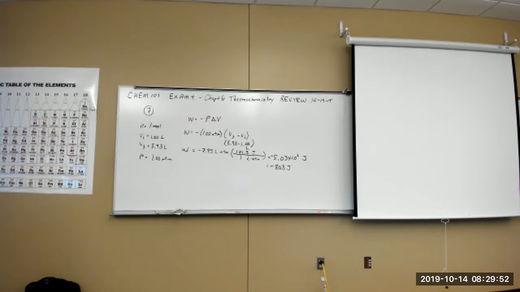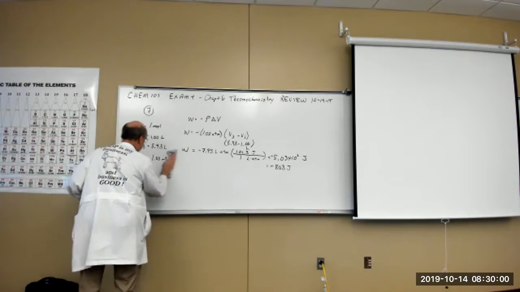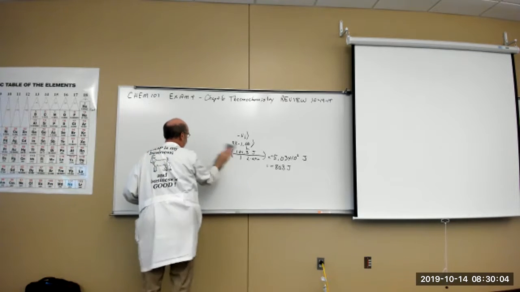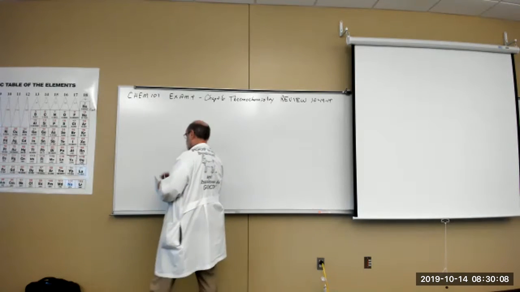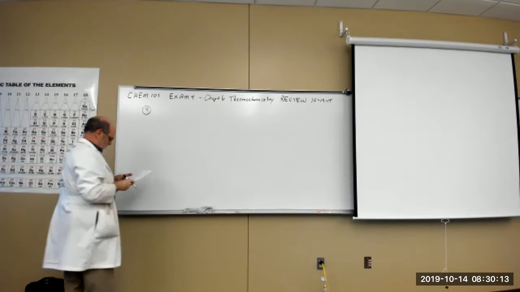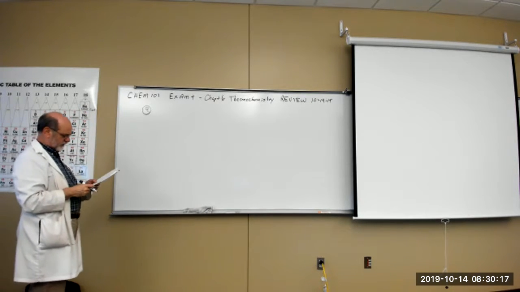Yeah, that's the one I was looking at too. It looks like it's worth tackling. All right, so we've got a fuel-air mixture is placed in a cylinder fitted with a piston.